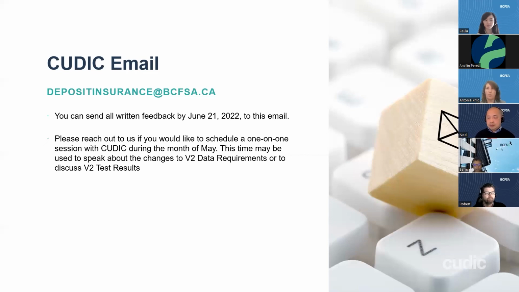And after the consultation is closed, which will be June 21st, and we've received all your comments, we will be scheduling another session afterwards to review the comments that you've provided, with some of our feedback on them. And then that will go into our process and evaluation before the final version of the requirements is released. And that would be at the end of the fall.